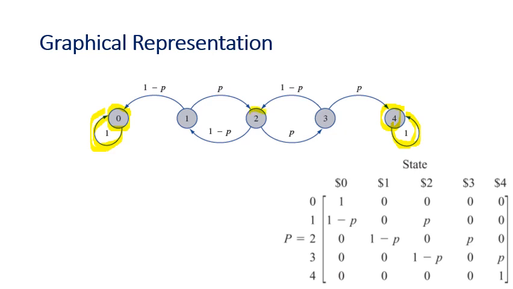But at the beginning you have $2, so you have the possibility to go to $3 in one step if you win. You also have the probability of going down to $1 if you lose the game in one step. So this is how to read this graph. It means exactly the same as the matrix. It's just another type of representation.